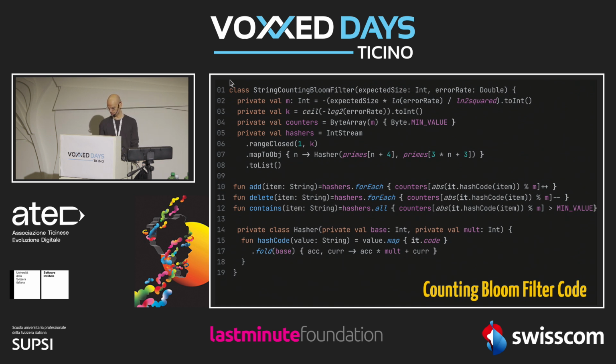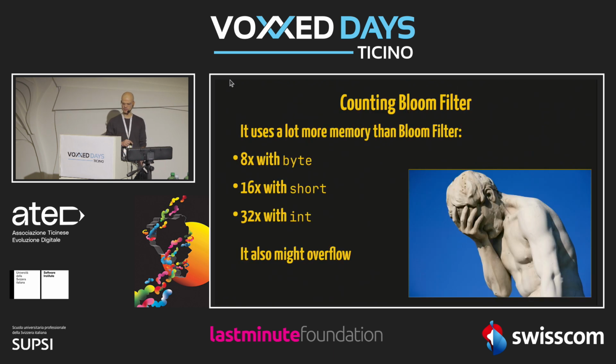The bad thing about the counting Bloom filter is that it uses a lot more memory compared to the Bloom filter. If we're using a byte, because we know that we won't have more than 256 possible increases of the values, the size of the Bloom filter will be 8 times bigger, and 16 times bigger with the short data type, and 32 times bigger with the int data type.